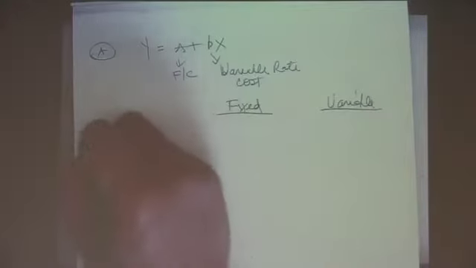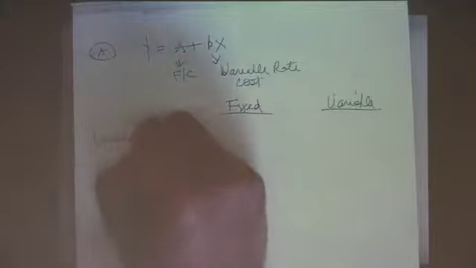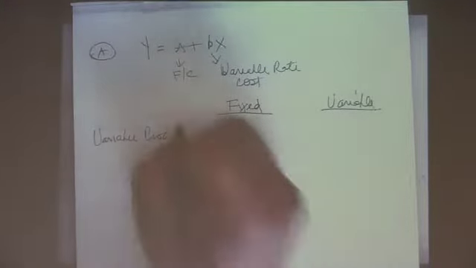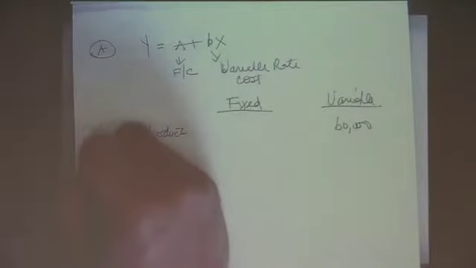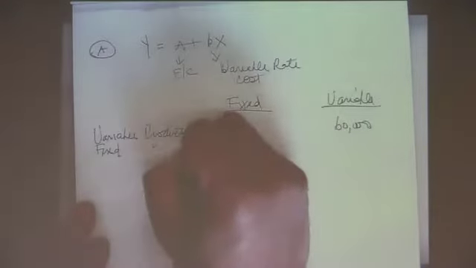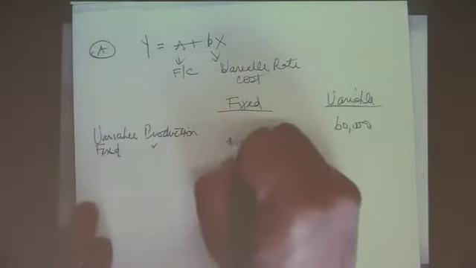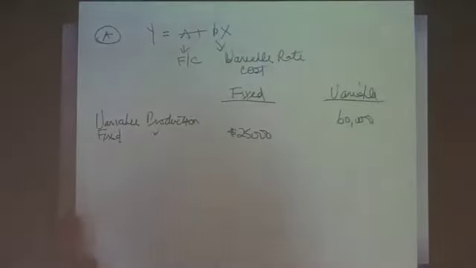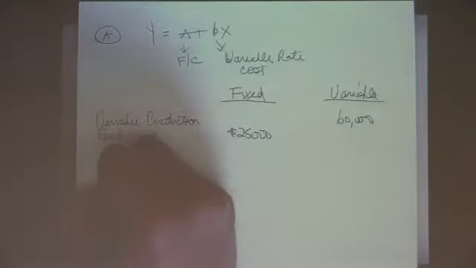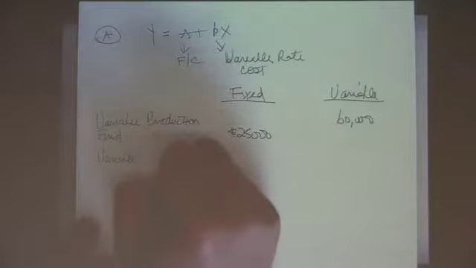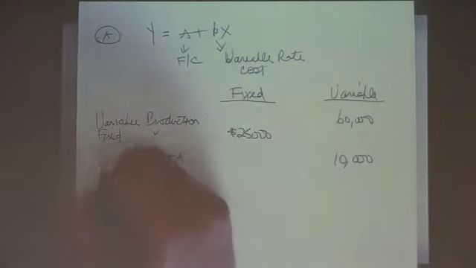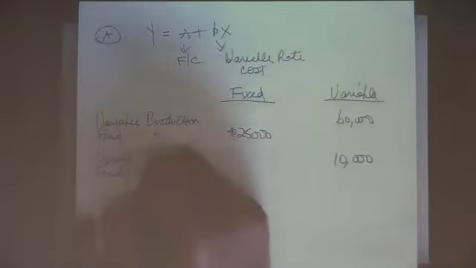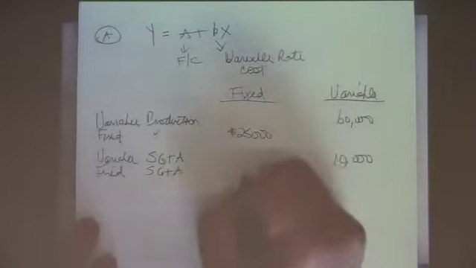So we know that variable production is 60,000 under the variable column. We've got fixed production, which is 25. We've got variable SG&A, and that's 10,000 on this side, and you've got fixed SG&A, and that's 35.